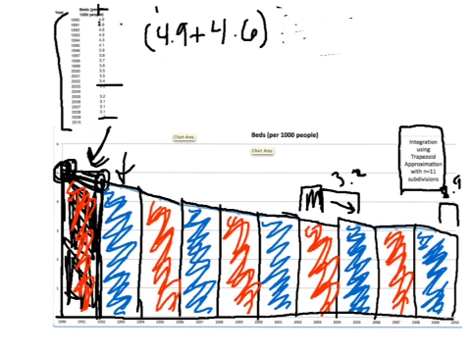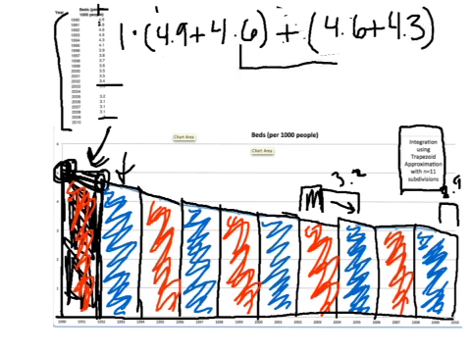And really, like we were talking about earlier, it's times 1, because 1/2 times 2. But that's irrelevant. So for our next trapezoid, all we're doing is adding these up, because we're eventually going to find the area underneath the function. And so for our next, we have from 1992 to 1994, 4.6 plus 4.3. And you might have noticed, these two are the same, and that is because once you go down the list, what the height 2 was previously becomes the height 1, because they're all touching each other.